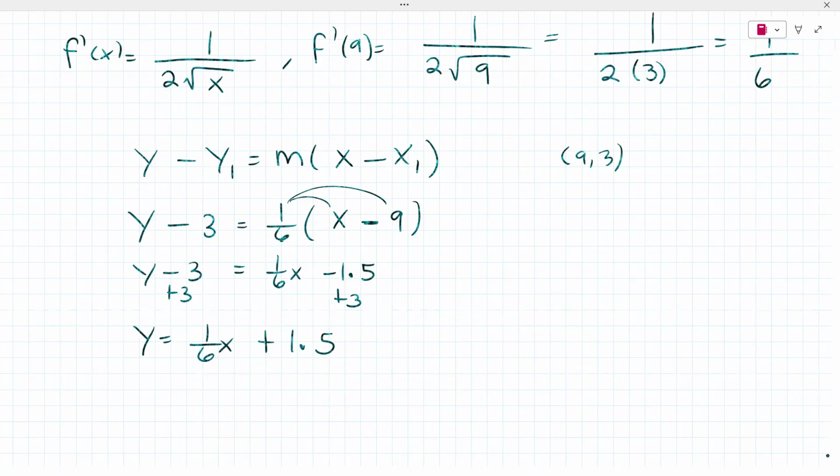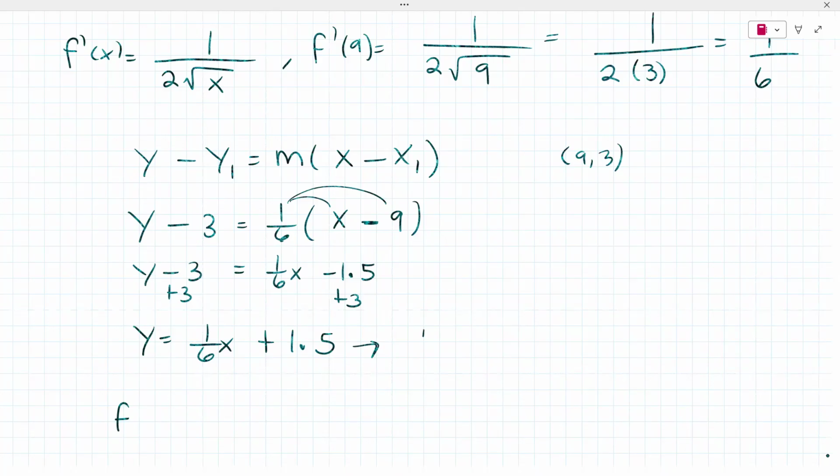And then you plug in your x value 9.3. So if you want, you could have also written it like this.